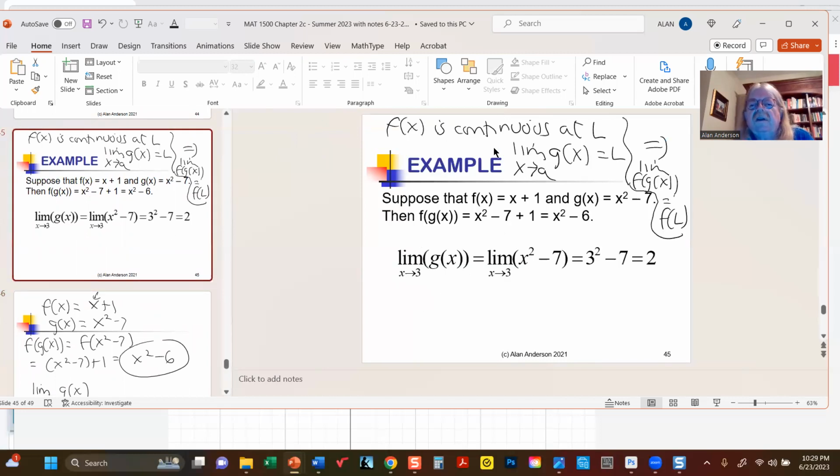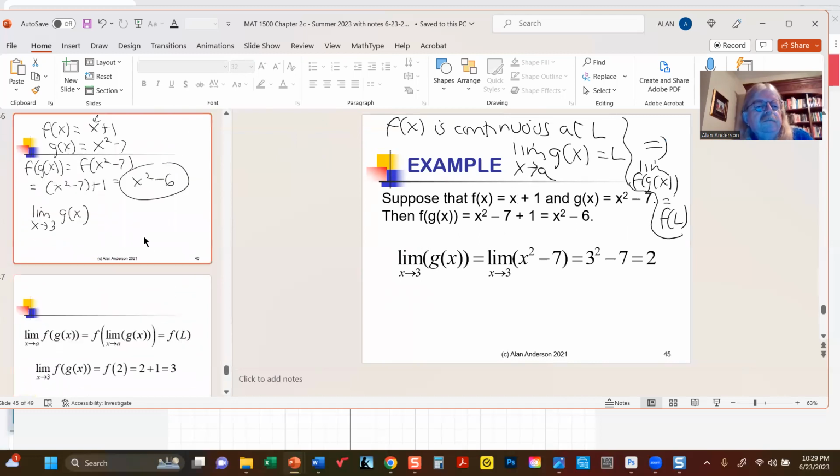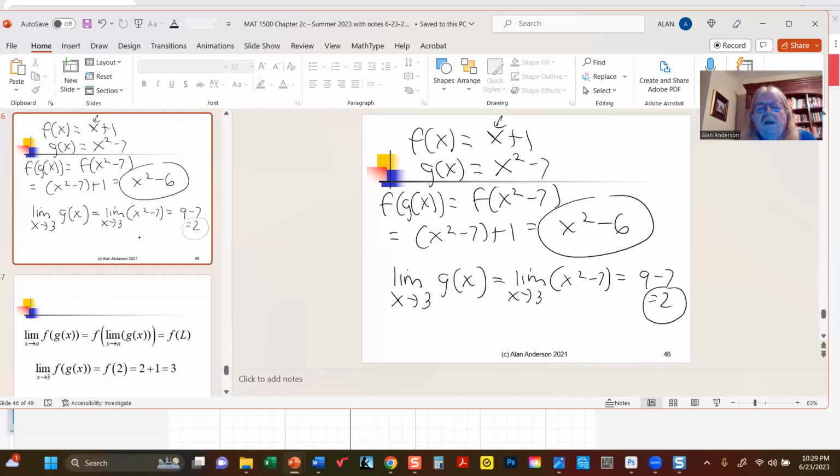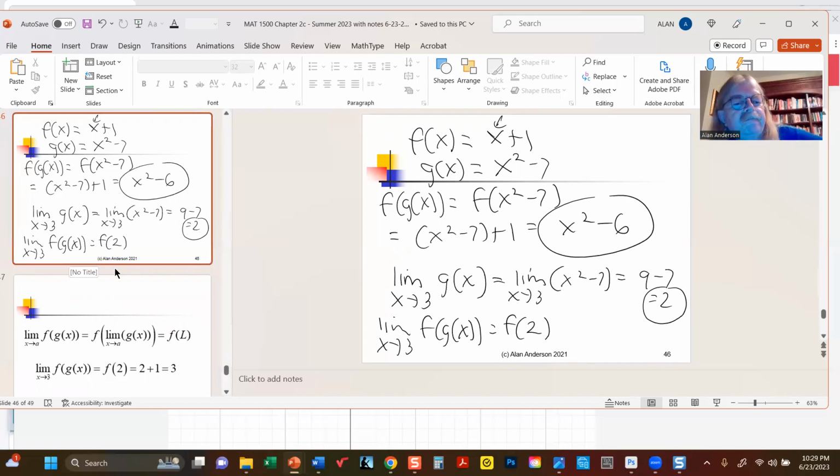Okay, you notice how we've got the limit of g of x as x goes to a is L. So what it's telling us is that the limit as x goes to 3 of f of g of x is f of 2. So let's prove it.